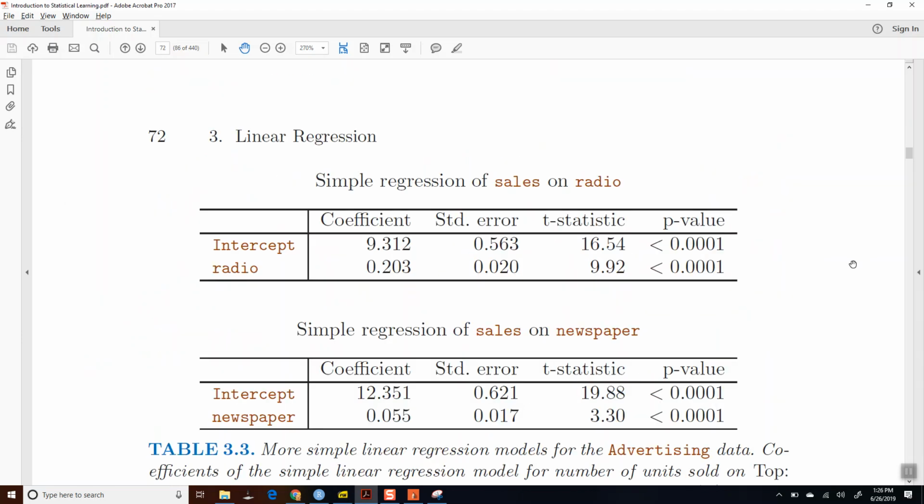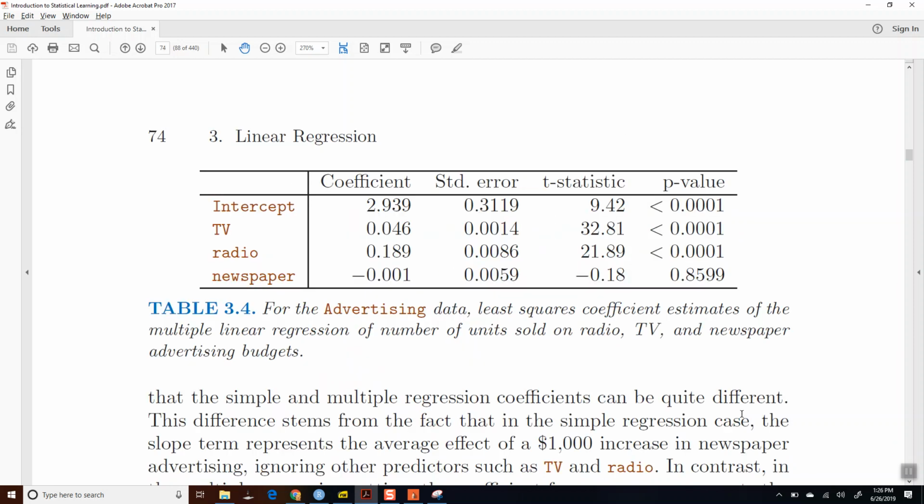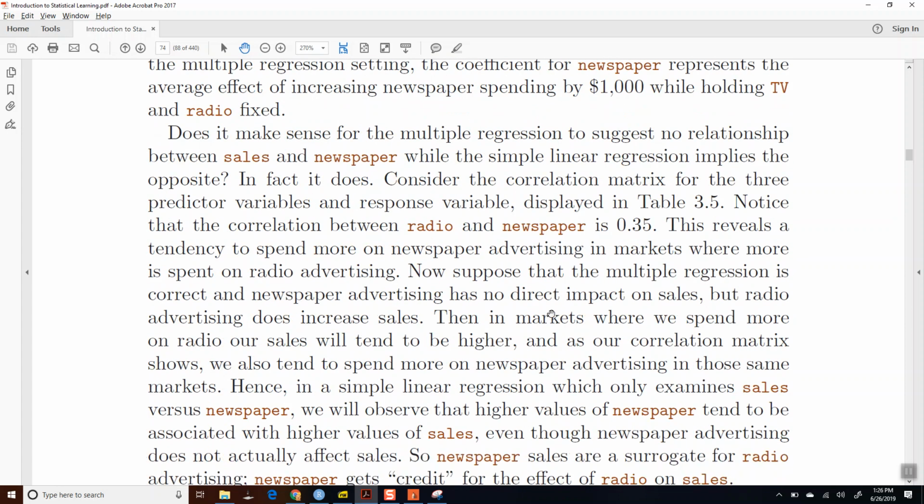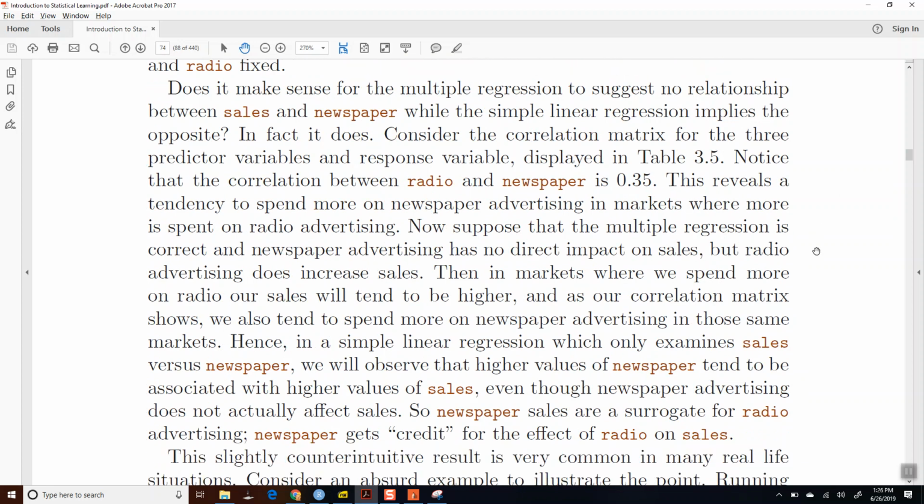And here they did simple linear regression, and it comes out to have a significant effect. But then when we considered all of the variables at once in multiple linear regression, we're getting basically no effect, okay?